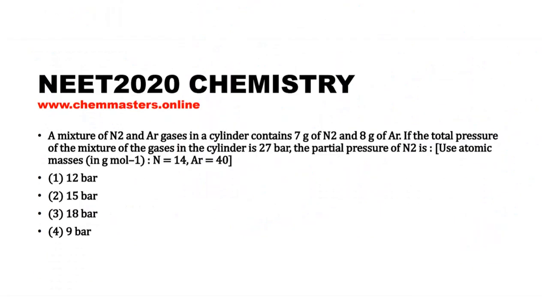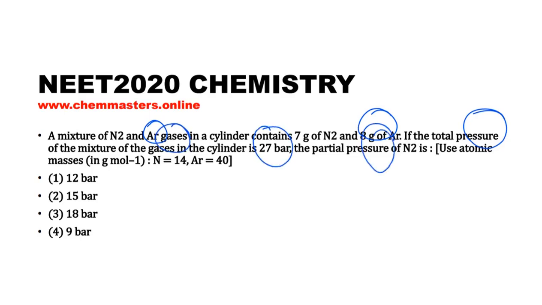Okay, right. The next question, a mixture of N2 and argon gases in a cylinder contains 7 grams of N2 and 8 grams of argon. The total pressure of the mixture of the gases in the cylinder is 24 bar. The partial pressure of N2 is. So here first we need to find the number of moles of each of nitrogen and argon gas.